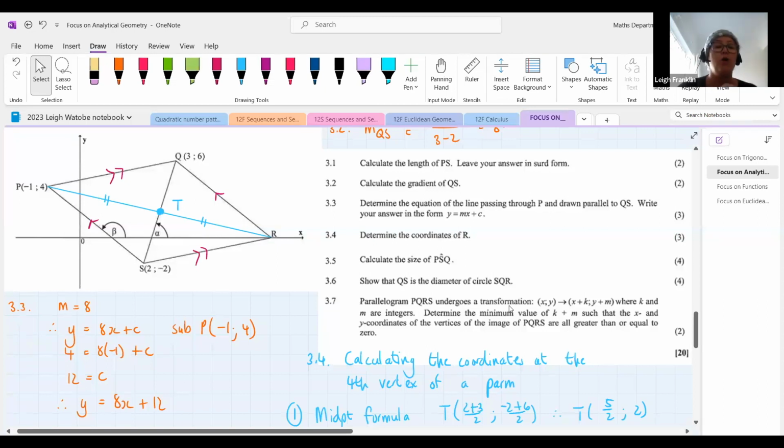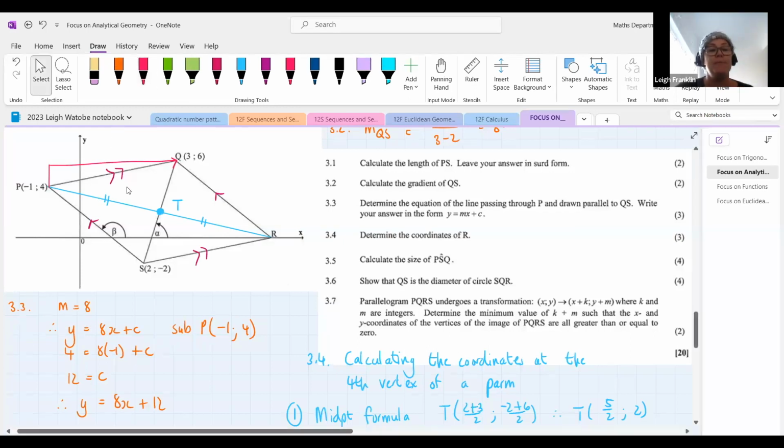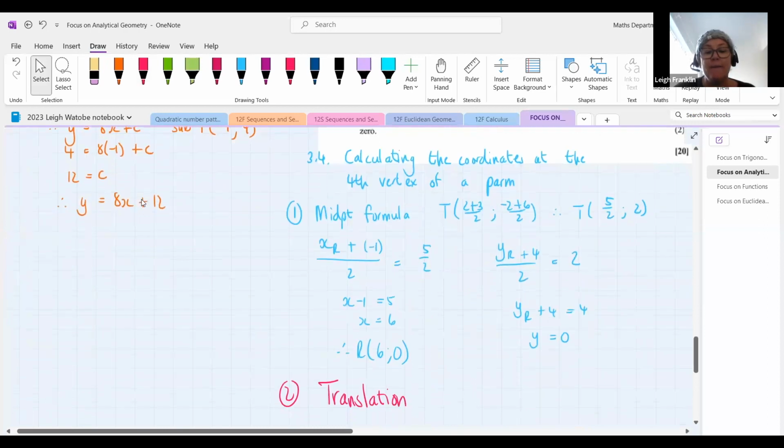I could either go from P to Q, S to R, or I could go from P to S, Q to R. It doesn't matter. Okay, both are fine. So let's say I decide I want to go from P to Q.